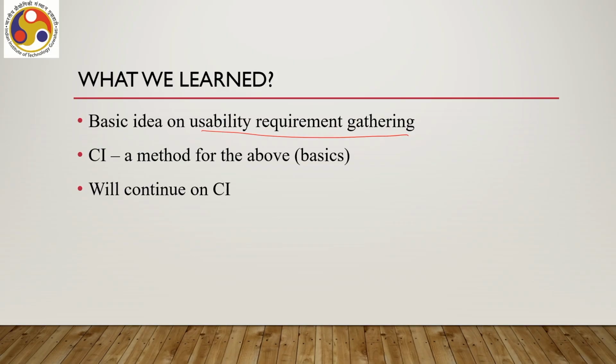Now, there are different methods to do that. So, we are talking about one method, contextual inquiry. We started with the basic idea of the method. In the next part of the lecture, we are going to continue on this basic method of requirement gathering.